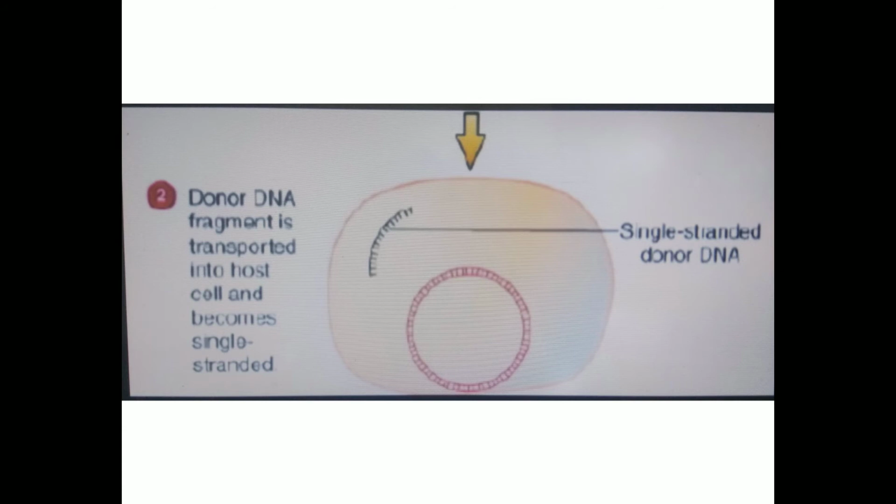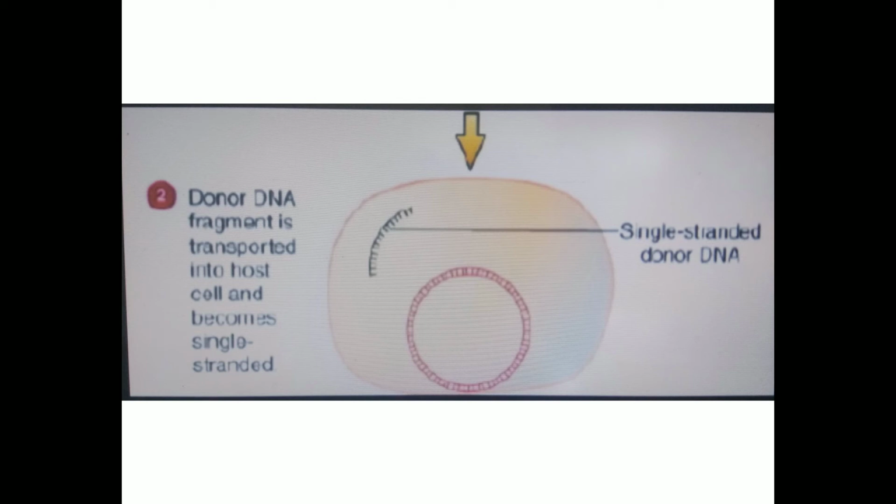Next, in the second step, what happens? That donor DNA fragment is transported inside the host cell. When the donor DNA comes in contact with the outer cell wall of the bacterial cell, dissolution of the cell wall takes place, and the double stranded donor DNA enters inside the bacterial cell.